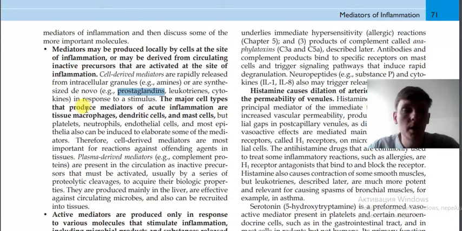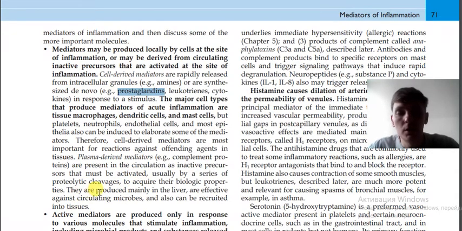The major cell types that produce mediators of acute inflammation are tissue macrophages, dendritic cells, and mast cells. But platelets, neutrophils, endothelial cells, and most epithelia also can be induced to elaborate some of the mediators. For example, plasma-derived mediators, complement proteins, are present in the circulation as inactive precursors that must be activated, usually by a series of proteolytic cleavages, to acquire their biologic properties.